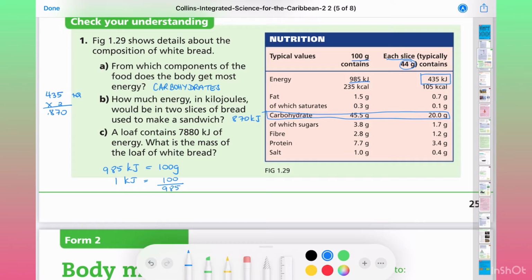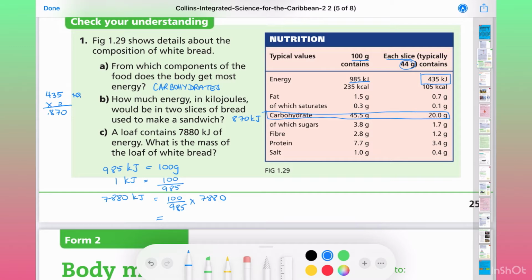So if the loaf contains 7,880 kilojoules, then if this is for 1 kilojoule, I simply multiply it by 7,880, and this will give me in grams the mass of the bread. I'm going to work that out now.